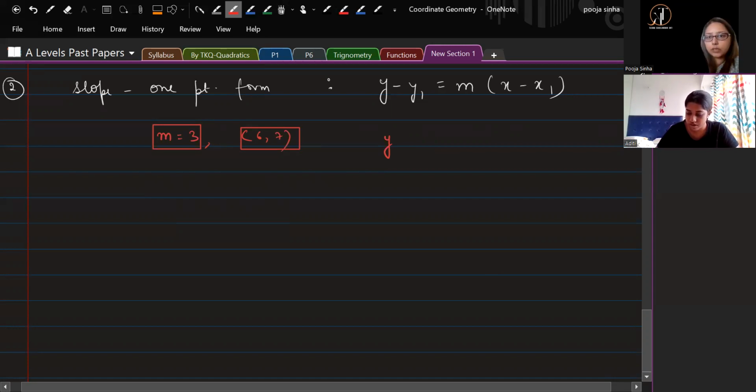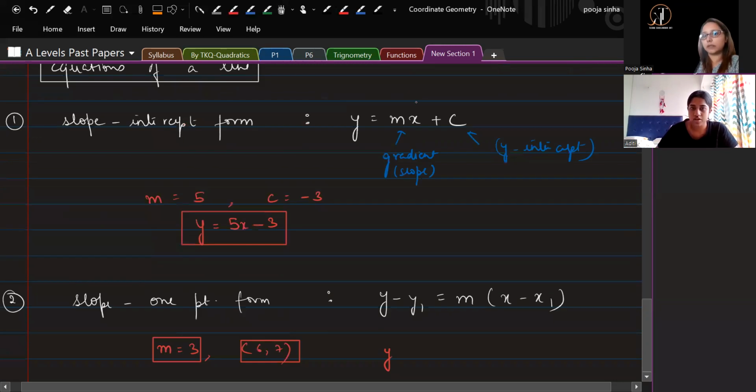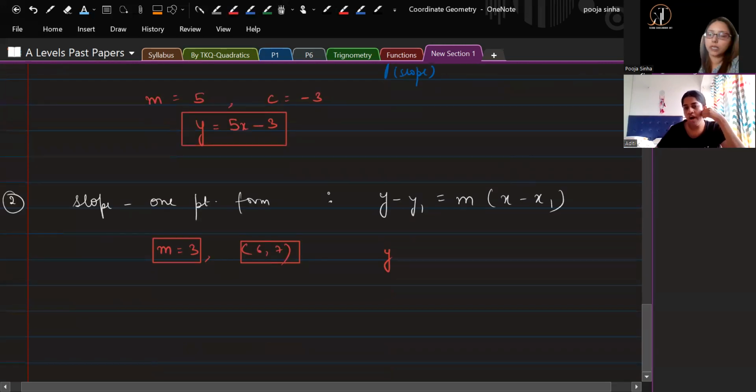In our equation, x and y remain as they are, because they are the variables that change along the line. A line can have any number of coordinates, so x and y will always remain as is. What changes are x1 and y1. So y minus y1, which is 7, is equal to 3 times x minus x1, which is 6.